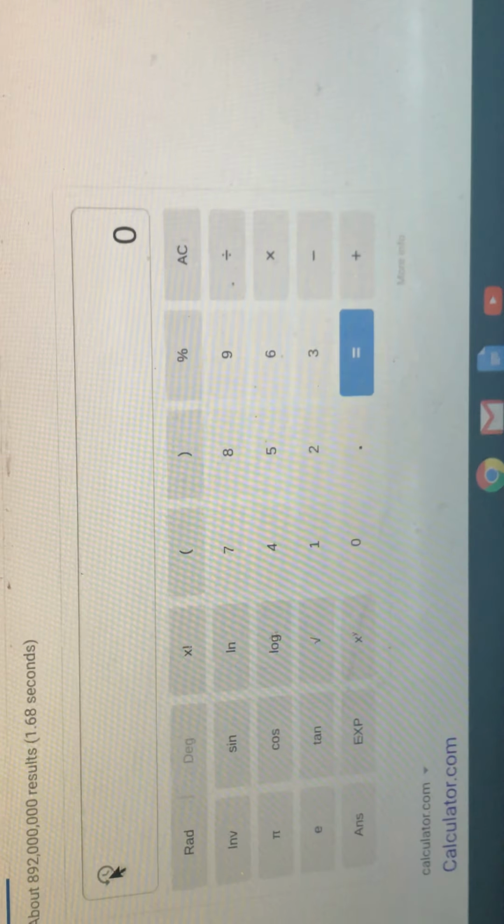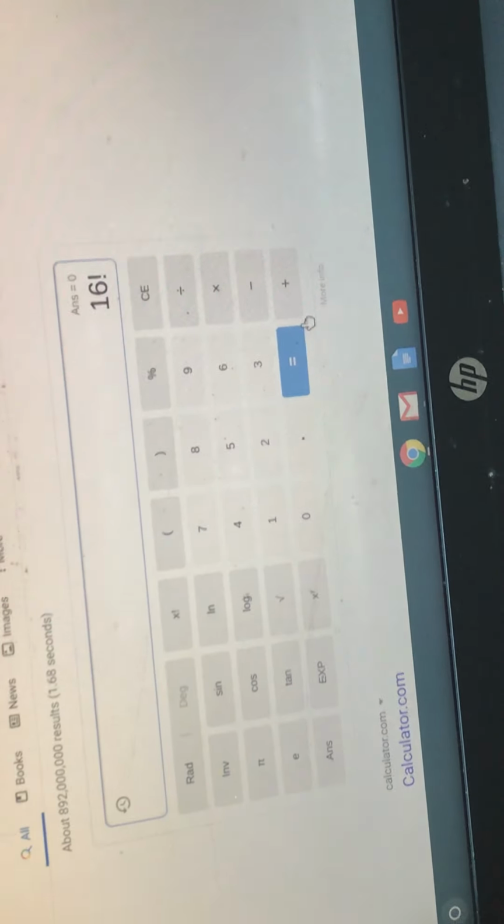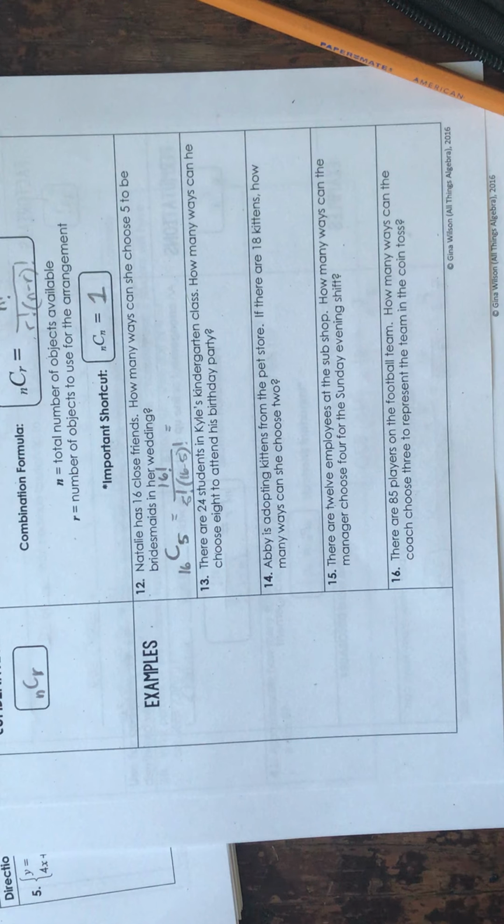See that little X with the exclamation point? That's the factorial for the Google calculator. So I do 16 factorial divided by, in parentheses, 5 factorial, and also 16 minus 5 factorial, that's going to be 11 factorial.